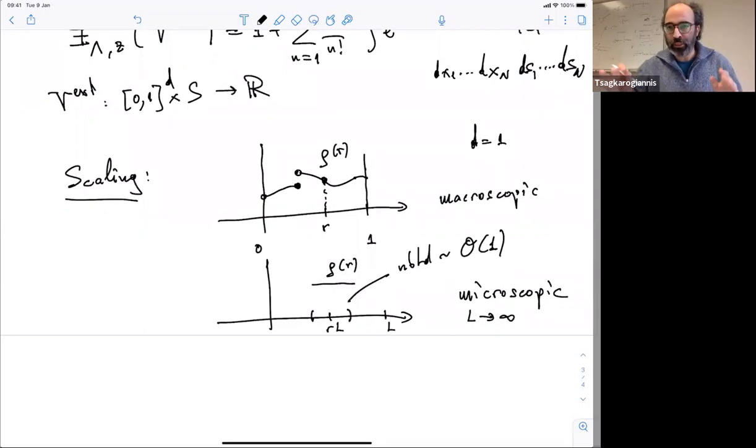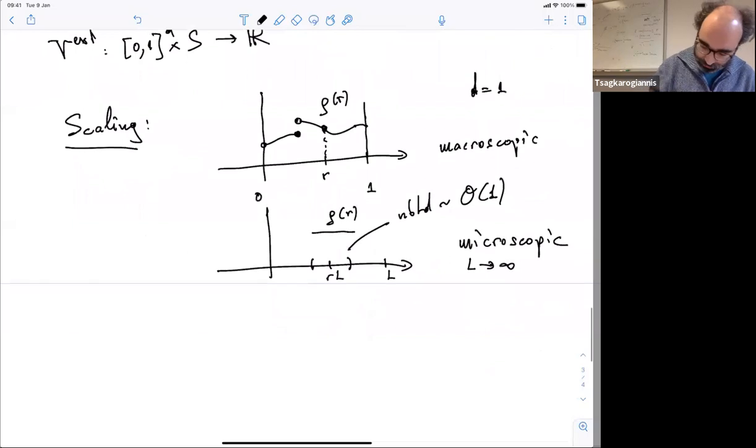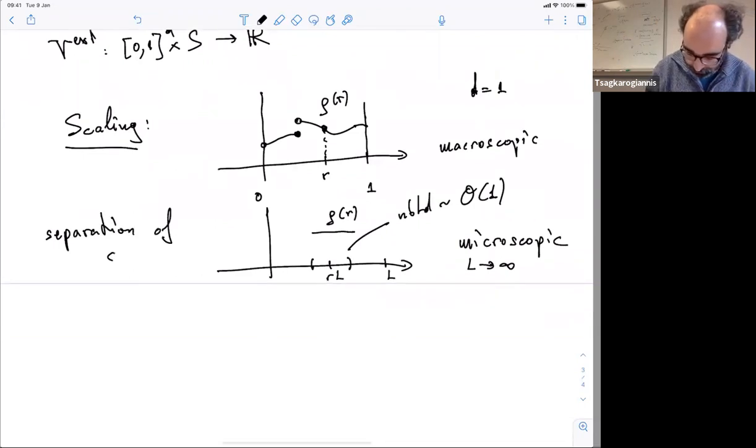Okay, so here I'm putting separation of scales. So this is a mathematical way of addressing the problem, separation of scales.